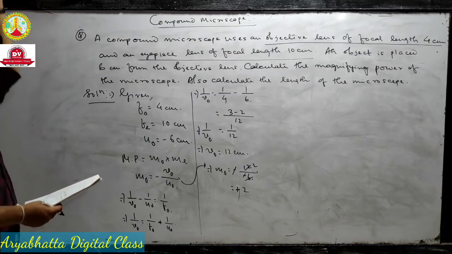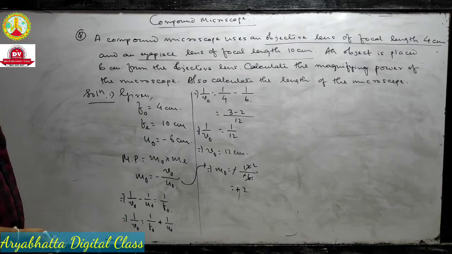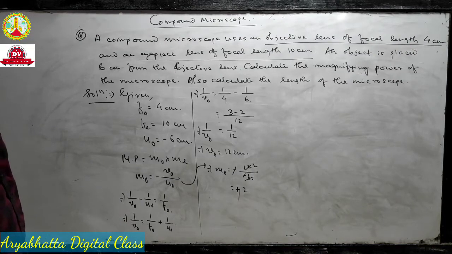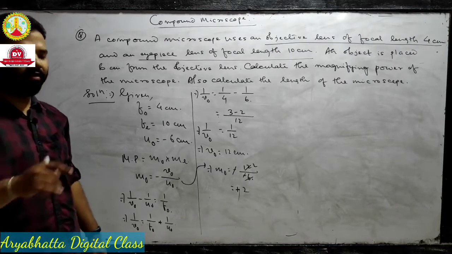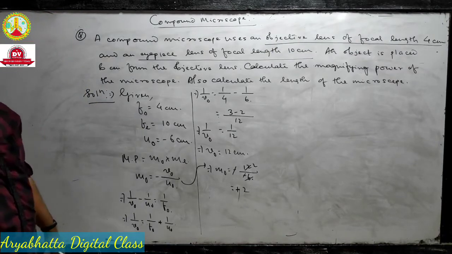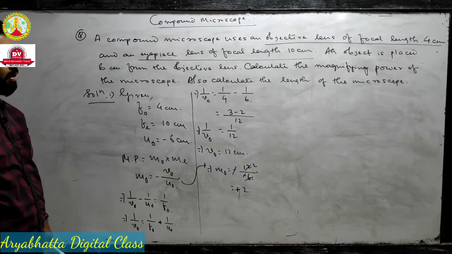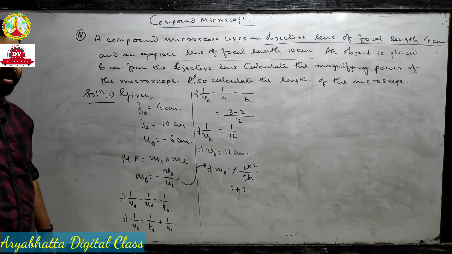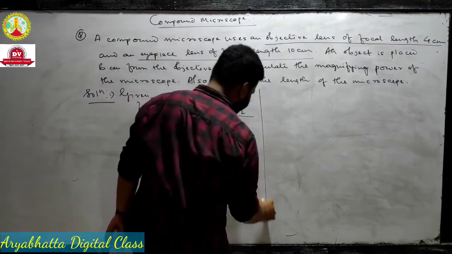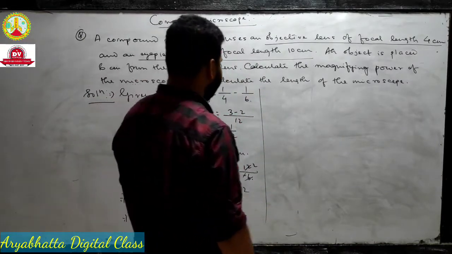Done. Now the second one is we have to calculate magnification for the eyepiece, and for the eyepiece there are two formulas. One is when the image is formed at least distance, and another one is when the image is formed at infinity. So first we will do it for least distance of distinct vision.